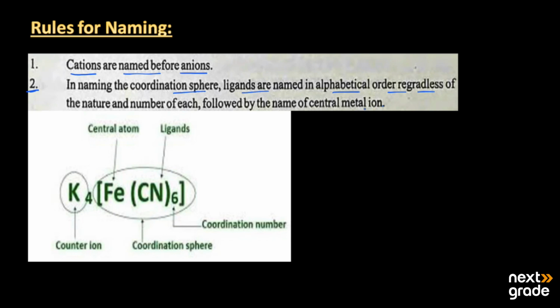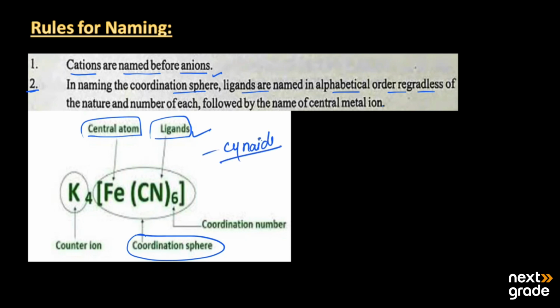So the simple meaning is this. The coordination sphere is the square brackets containing the central atom as well as the ligands. In this, the ligands will be named alphabetically. If we have two groups like cyanide and amino, then we name the amino first and then the cyanide, followed by the name of the central metal.